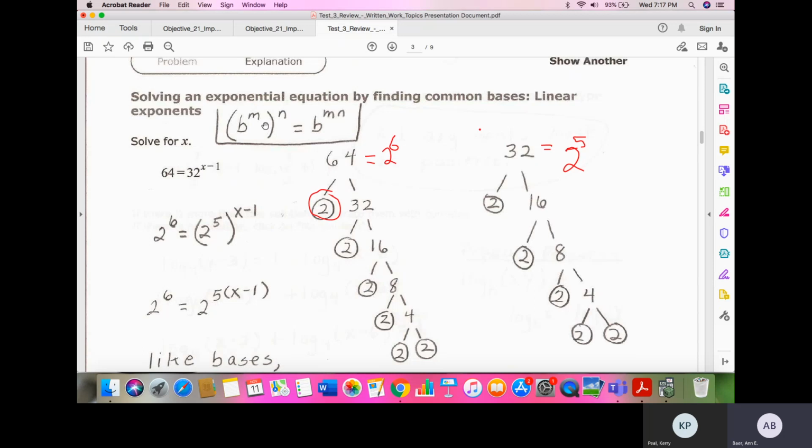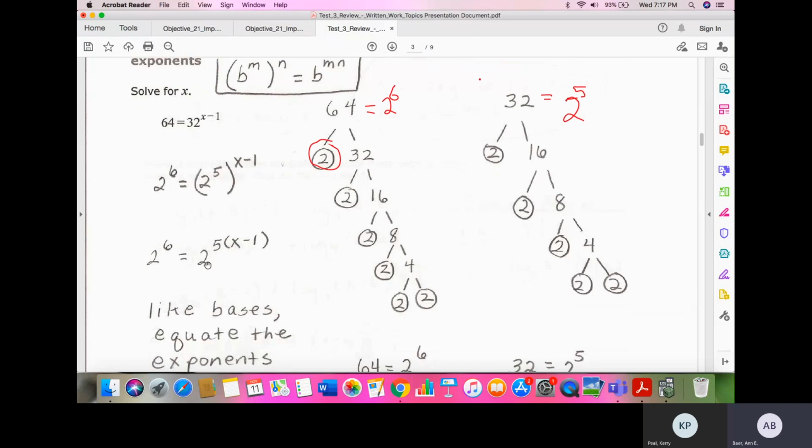And what does this power raised to a power rule tell us? It tells us that we can write down our base, and then we multiply these exponents together. There's an understood multiplication symbol there. So we want to take this 5 and multiply it times the x minus 1. And I wrote that like this: 2 raised to the 5 times x minus 1.